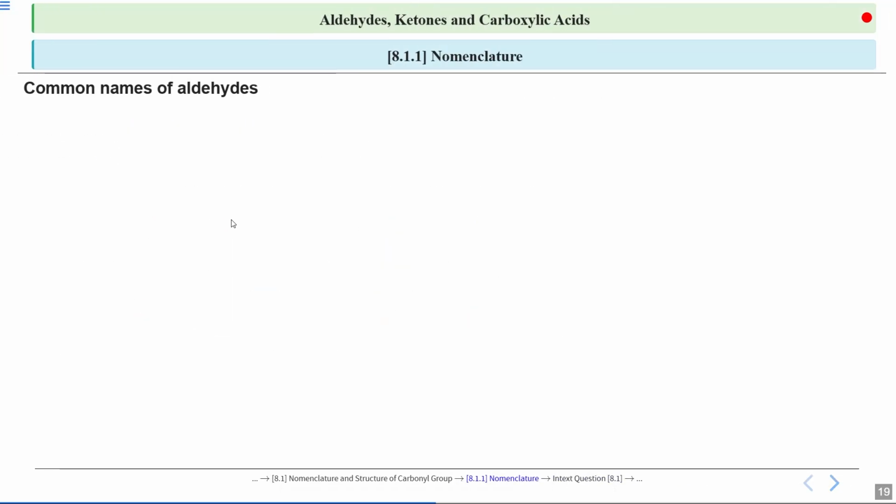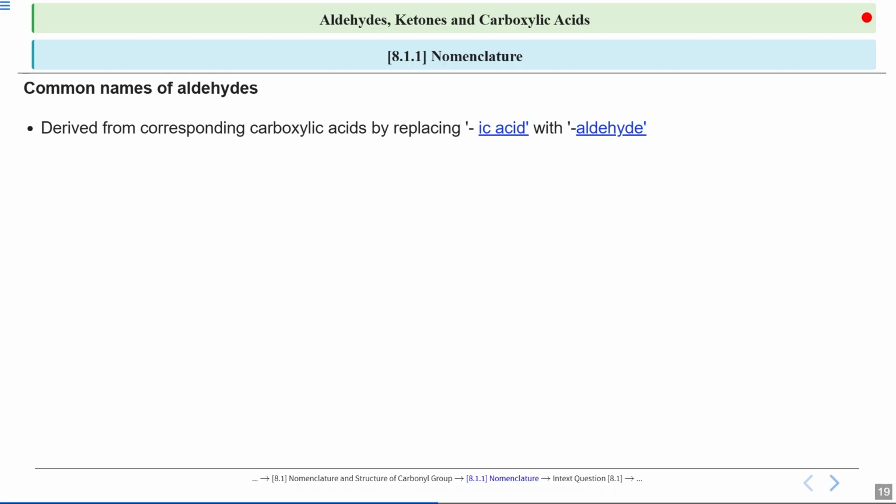Now we will talk about the common names of aldehydes. In the first slide, when we were discussing aldehydes, I told you how aldehydes look. But how do we write the common names of aldehydes? Aldehydes are derived from the corresponding carboxylic acids by replacing IC acid with aldehyde.